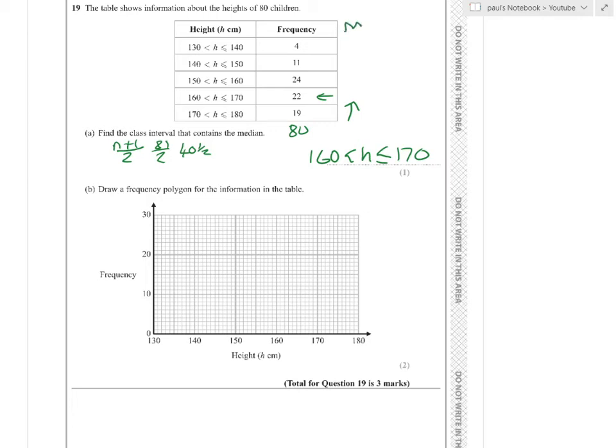These will give us our coordinates. 135 and 4, 145 and 11, 155 and 24.